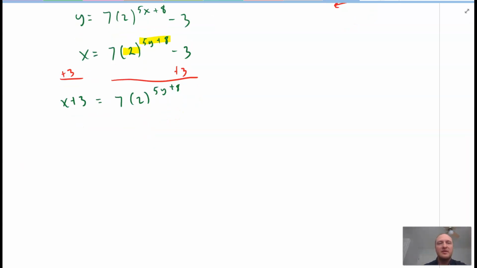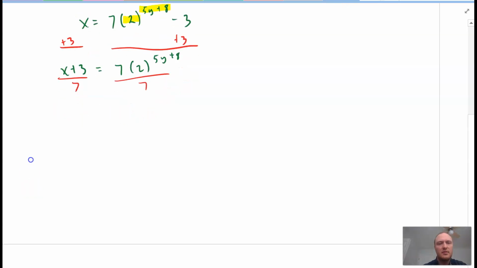Okay, now I want to divide both sides by 7. And we get x plus 3 over 7 is equal to 2 to the power.